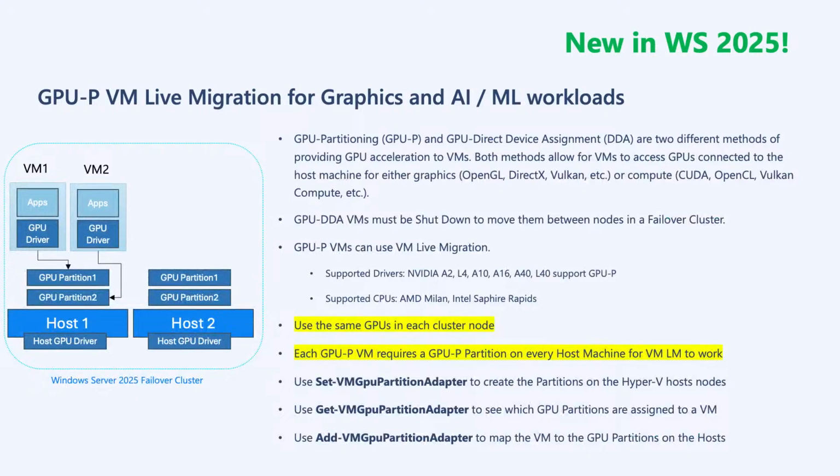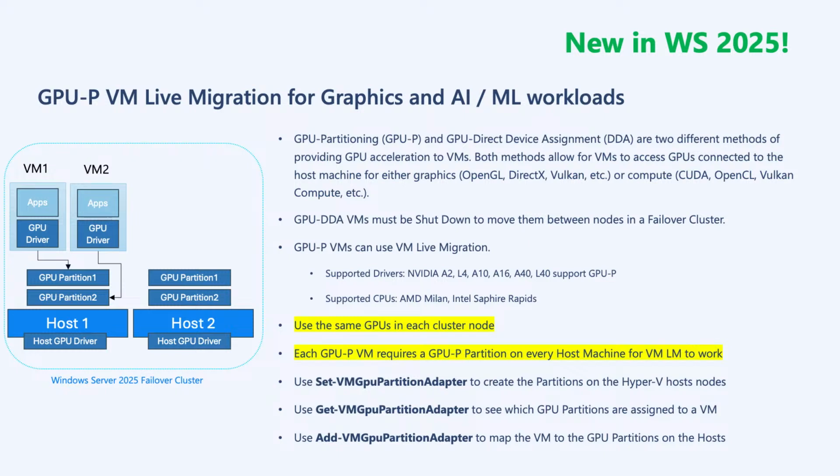Another feature in Windows Server 2025 is GPU-P VM live migration. When a VM is being migrated between hosts in a failover cluster, we're now able to completely drain and then rehydrate the memory in the GPU that the servers are using. In this case, I've got two host machines and the GPU is partitioned in two pieces.